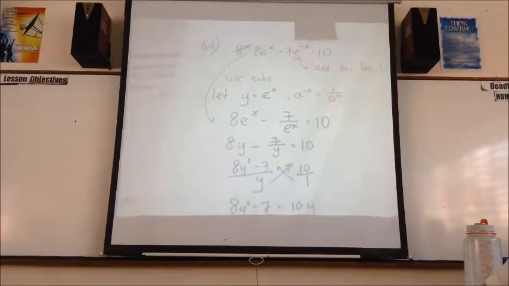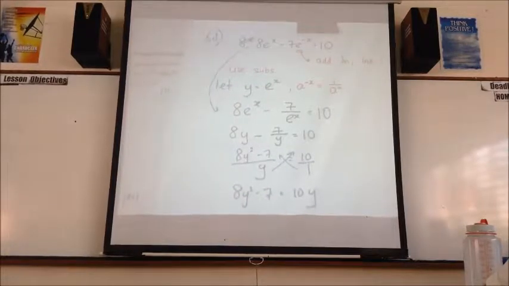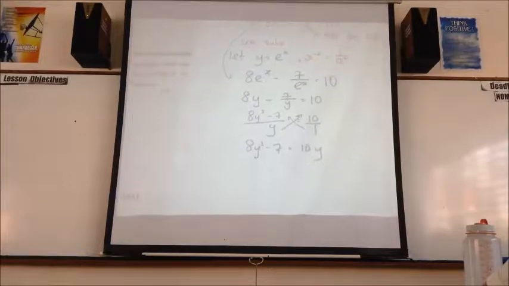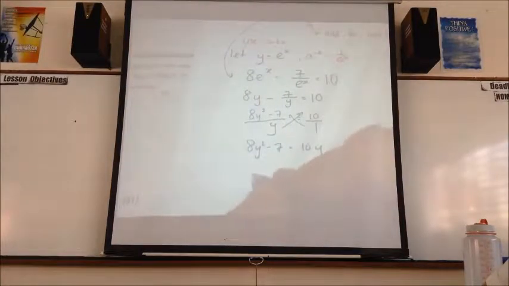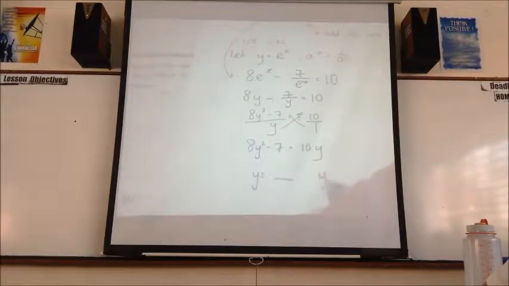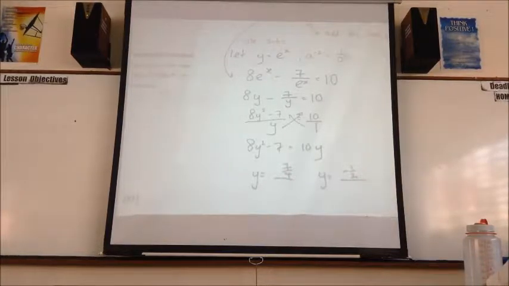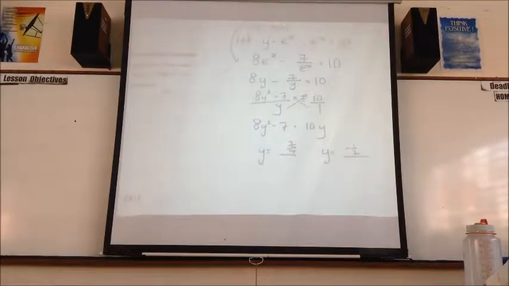How do I solve from here? What must I do? Change the right hand side to 0, right? So therefore y will have two answers. And what are the two answers? Negative half. Now how do I continue? Change back to the e^x thing.